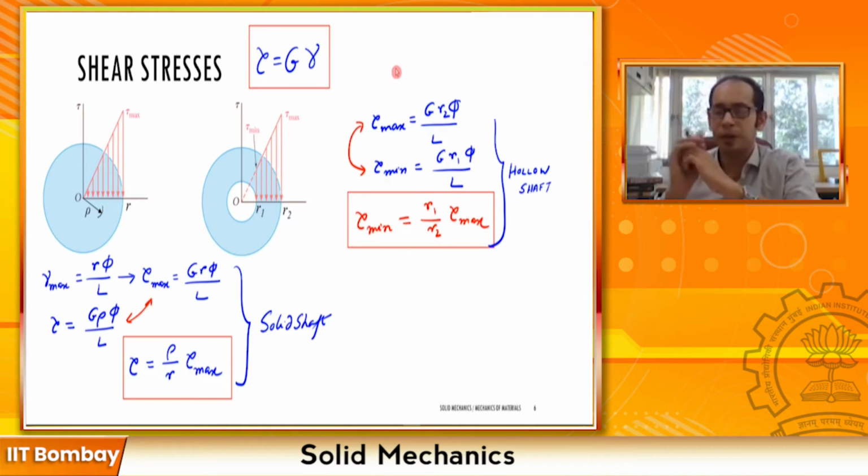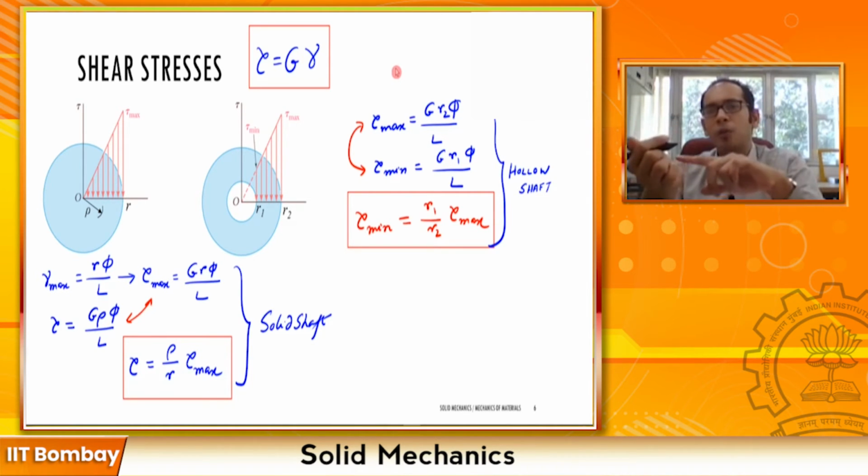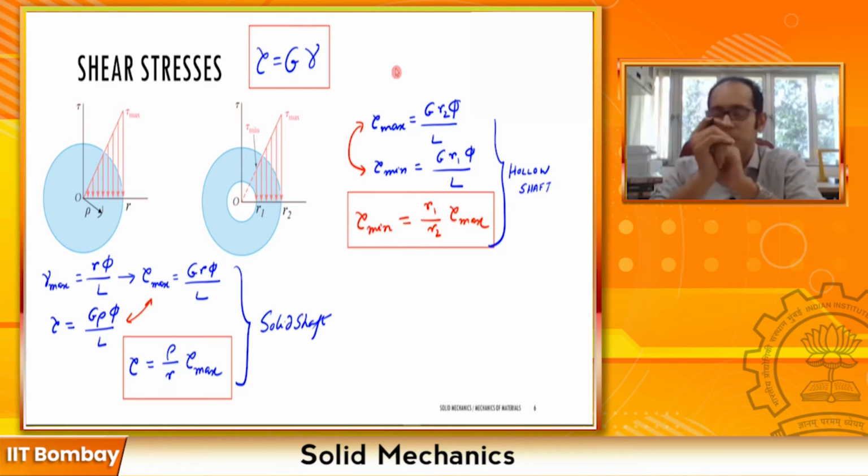So these are the fundamental relationships which we just saw for the shear strains, how shear strains are related to the angle of twist phi, how the strains are related to the stresses. We know that tau equals G times gamma. So how now the stresses are related to the angle of twist phi and the entire length and the radius where you are looking at, right?